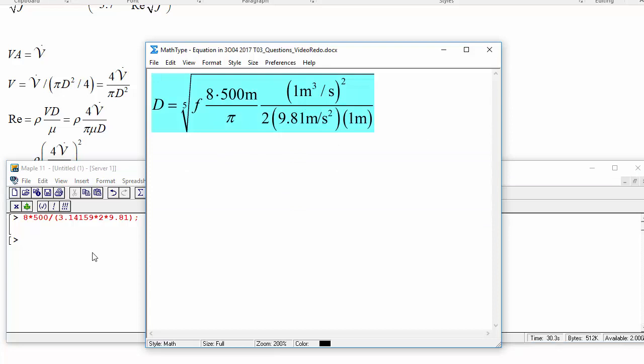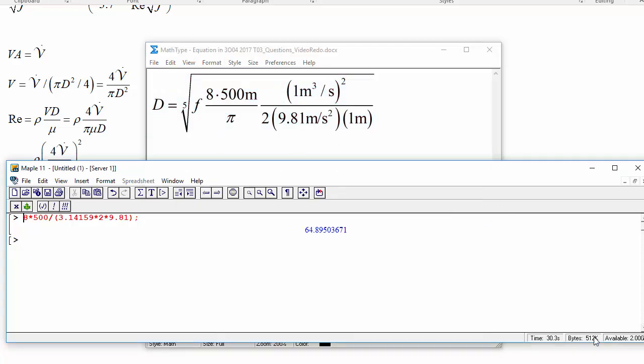All right, so let's say diameter is equal to that thing to the power of 1 over 5 after we also multiply in a friction factor. So we'll say diameter is equal to the friction factor times that whole thing, all raised to the power of 1/5. And we need a friction factor to do this, so let's just pick one.